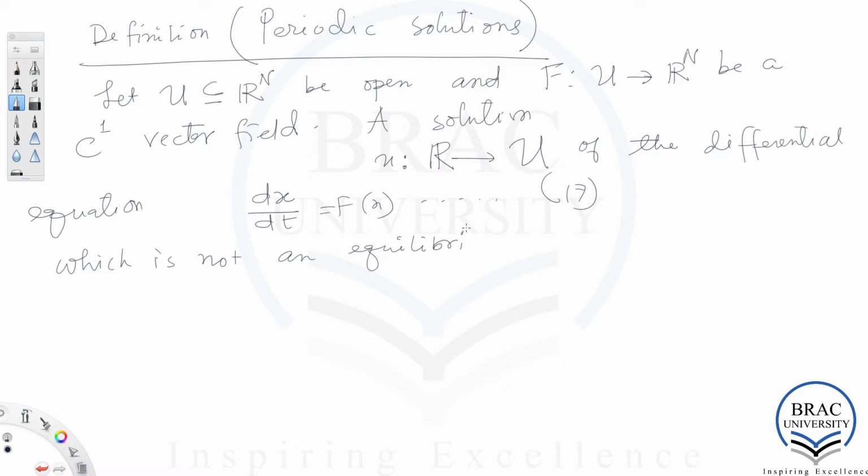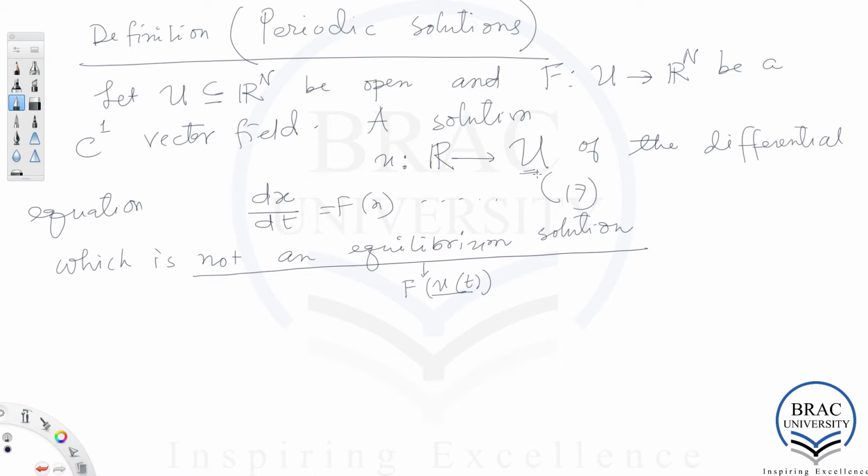We already learned what an equilibrium solution is in the last lecture. Which is not an equilibrium solution. So it means that f of u of t, this is u of t, well, a vector here in this open set, right?